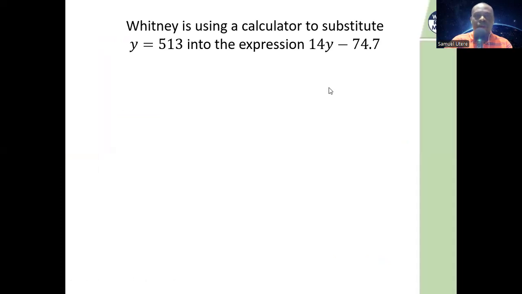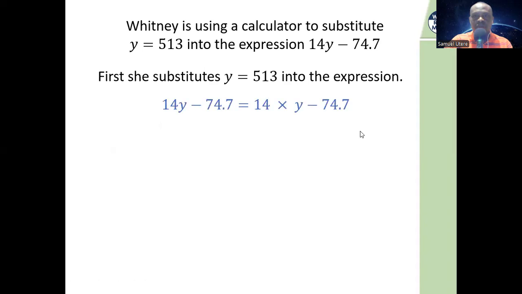Now, let's talk about use of calculator. Whitney is using a calculator to substitute y equals 513 into the expression 14y minus 74.4. Here is what Whitney does. She did the calculation in 2 stages.